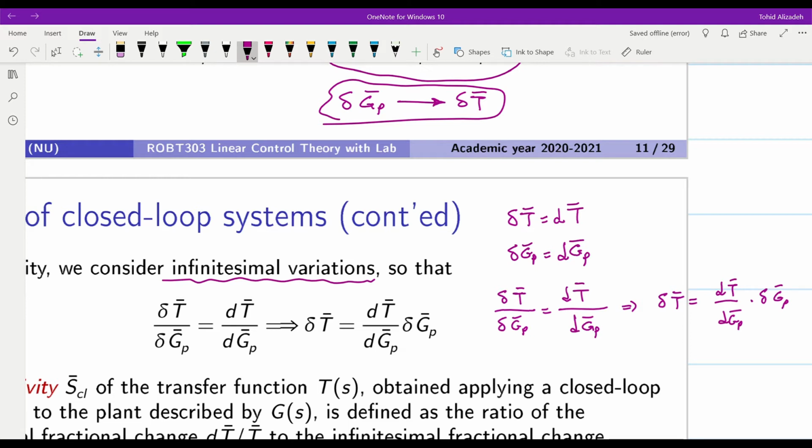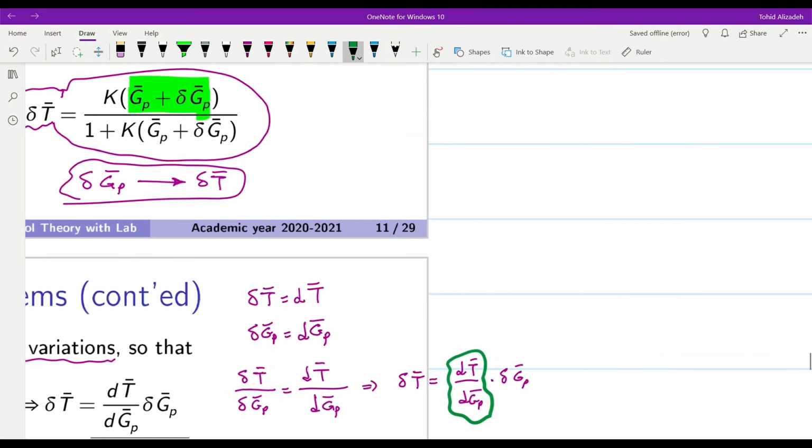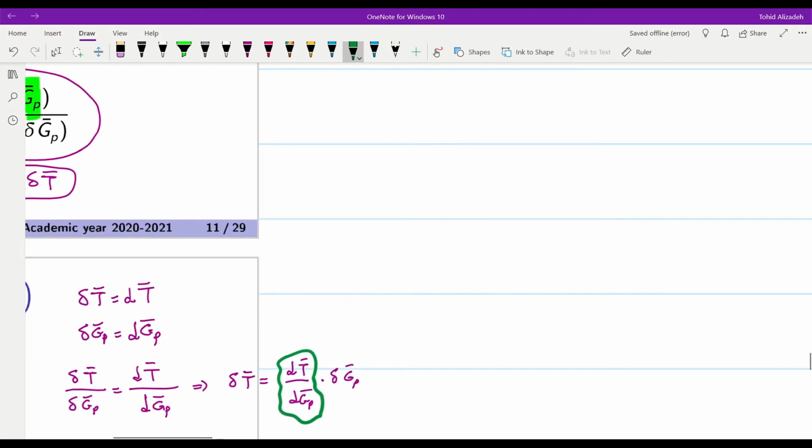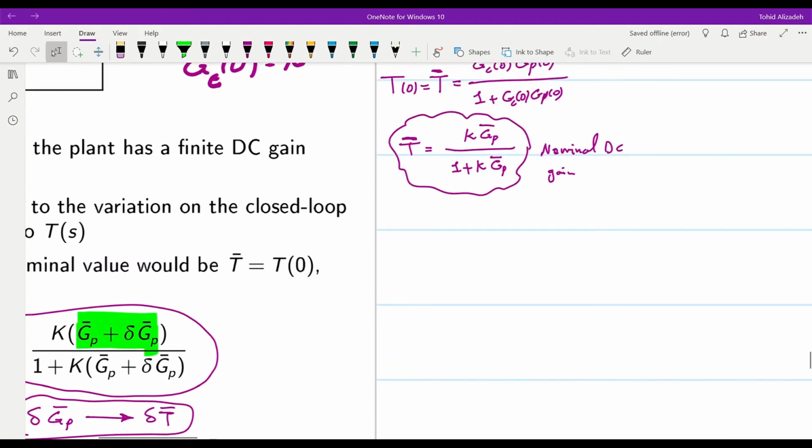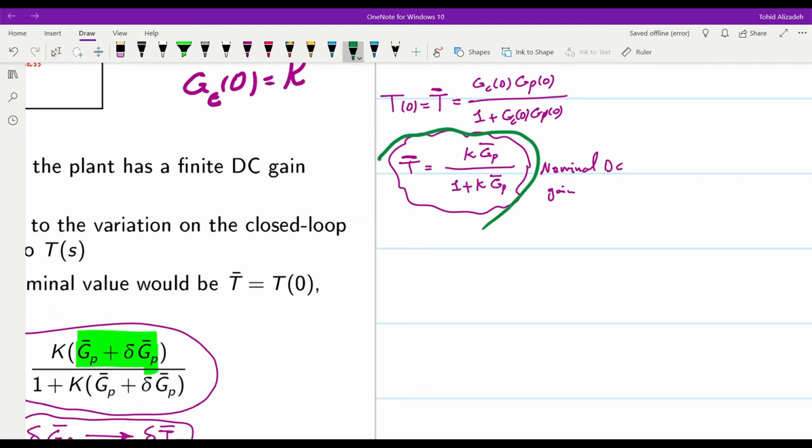And since we have the relation between T bar and GP bar as we just obtained over here, we can easily find out dT bar over dGP bar. We just need to find the derivative of T bar with respect to GP bar.